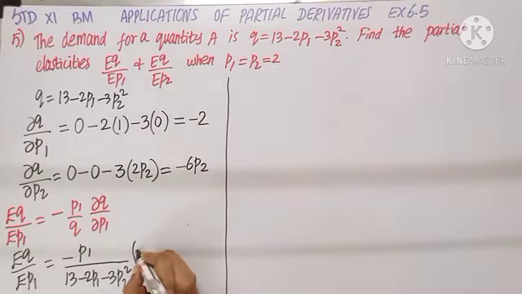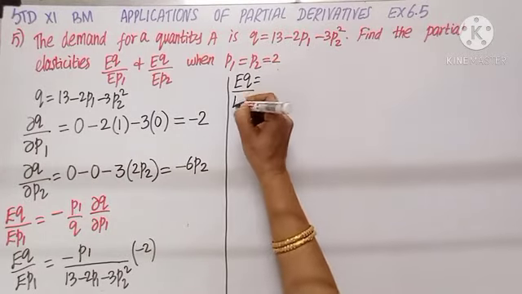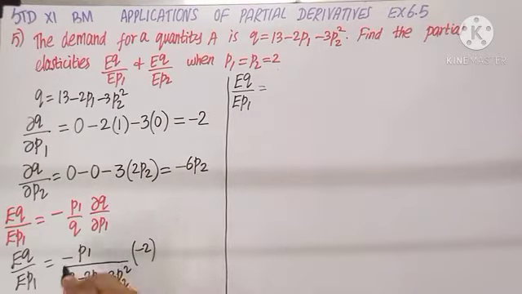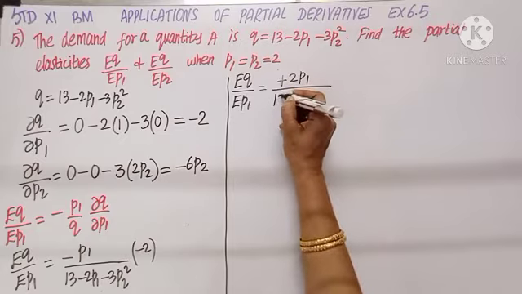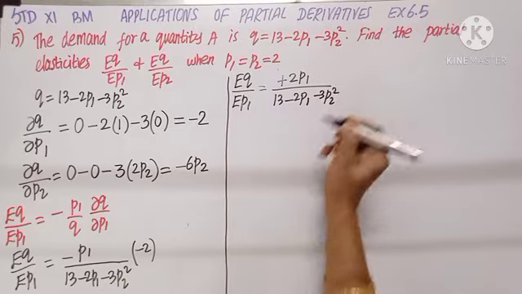My answer is minus 2. As I multiply, EQ by EP1 equals minus into minus plus 2P1 divided by 13 minus 2P1 minus 3P2 square.